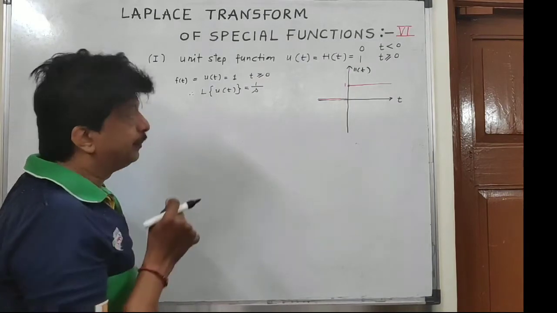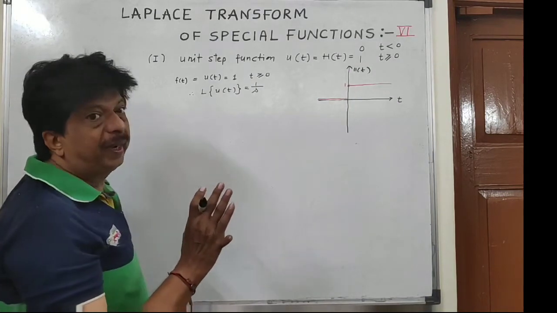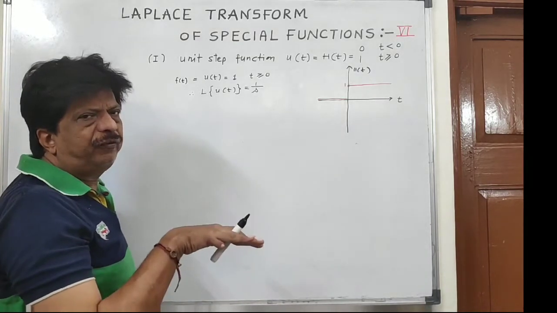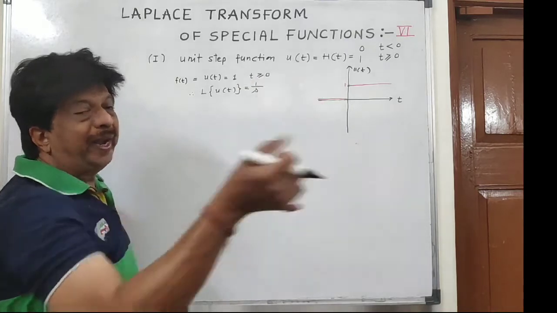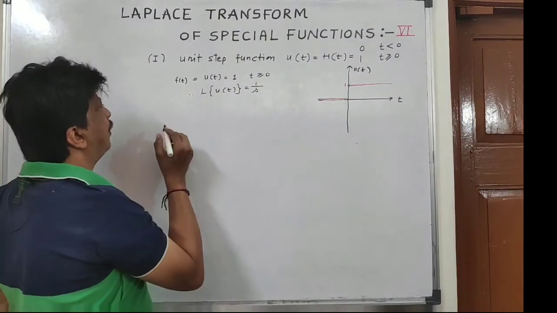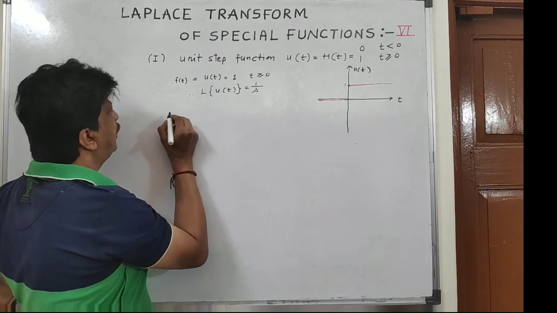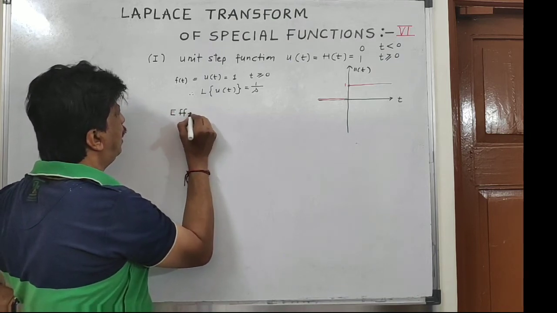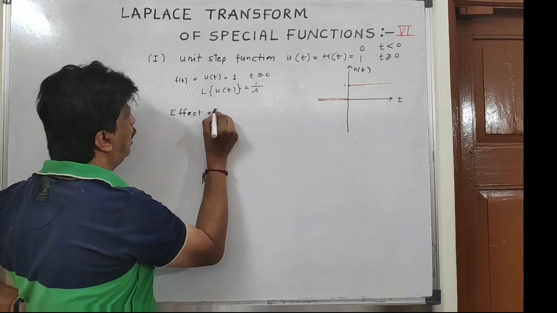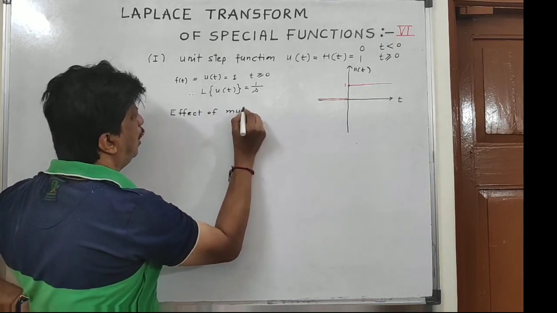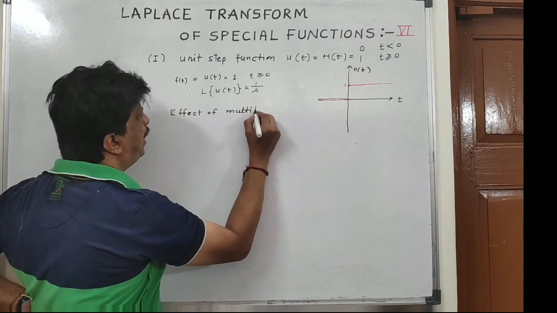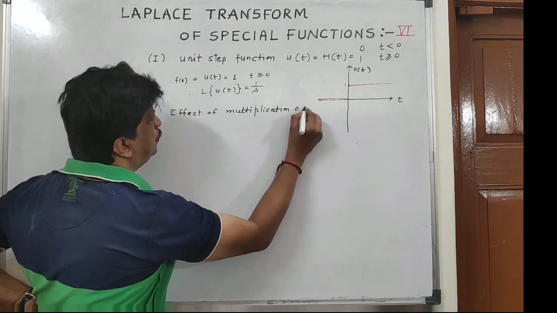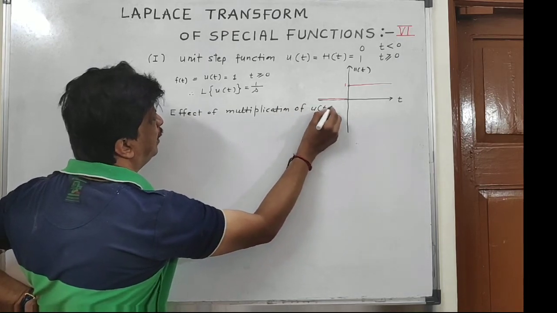Now, we would discuss the effect of multiplication of this u of t to any arbitrary function f of t. Effect of multiplication of u of t, or say h of t.